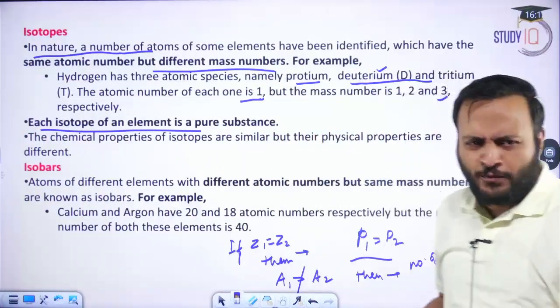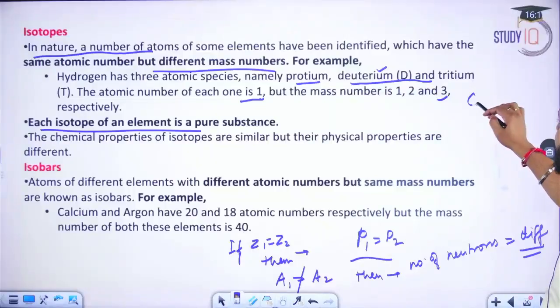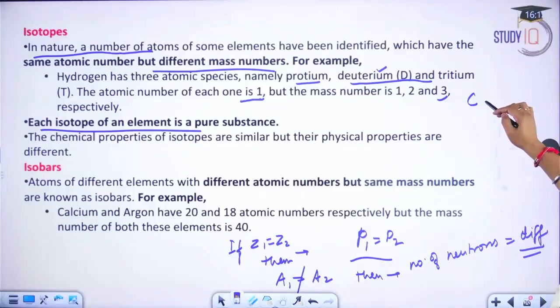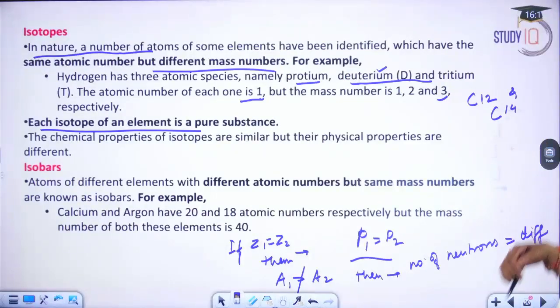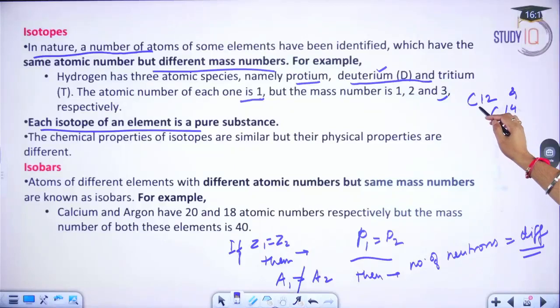Everybody, isotopes, for example, C12 and C14. What are these? These are isotopes. How can you say that? For example, here C12, the 12 is the mass number of carbon, 14 is the mass number of carbon.